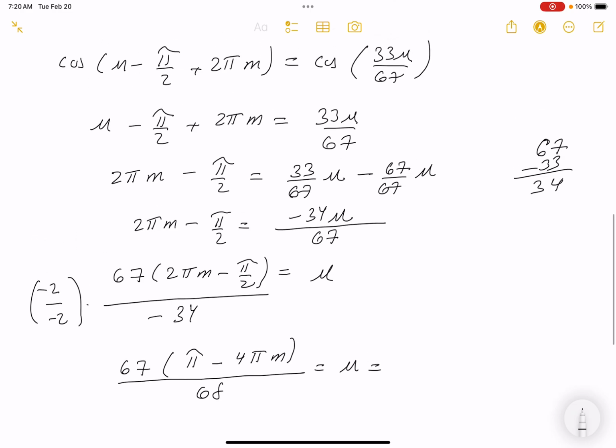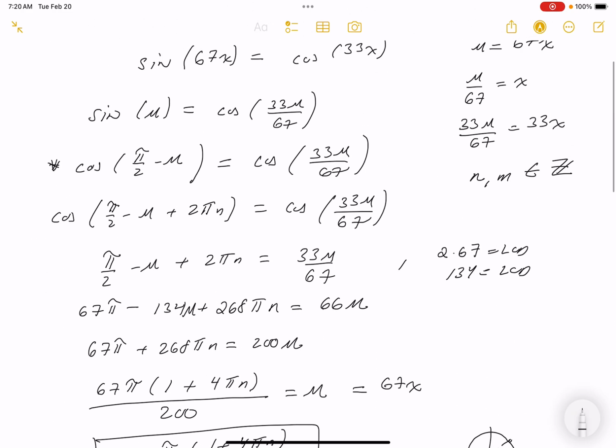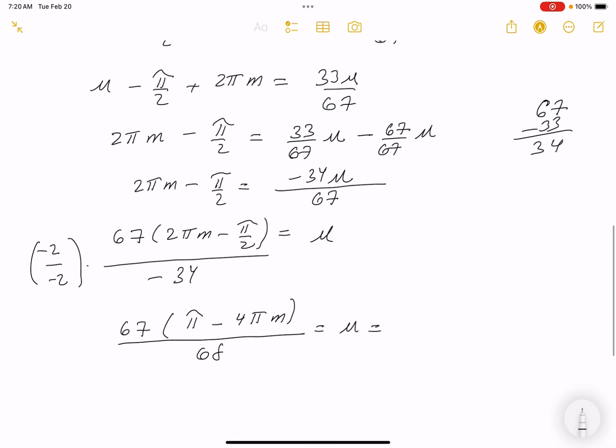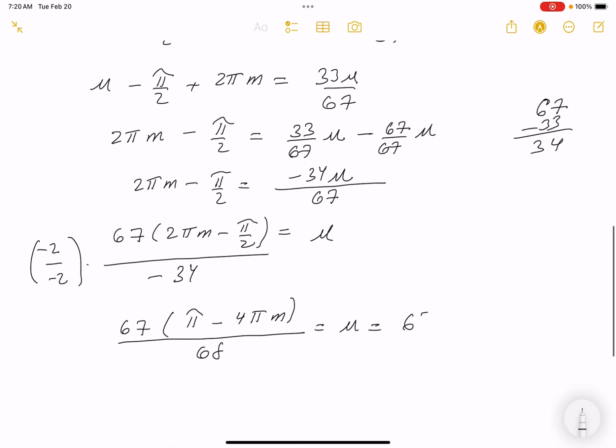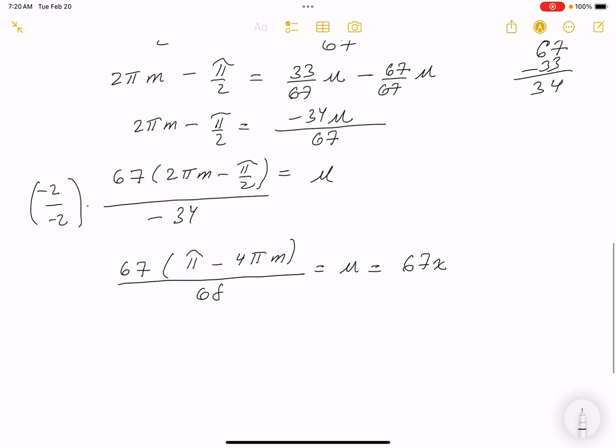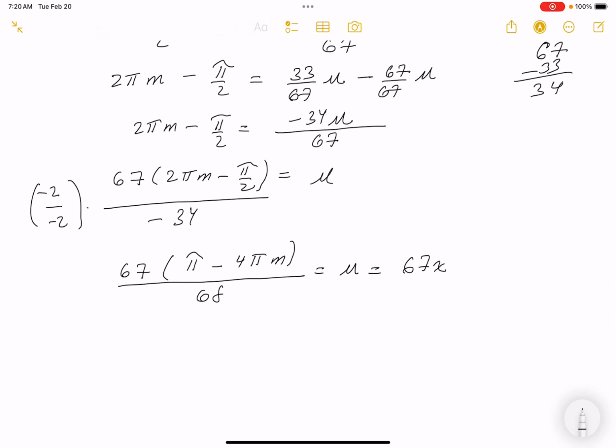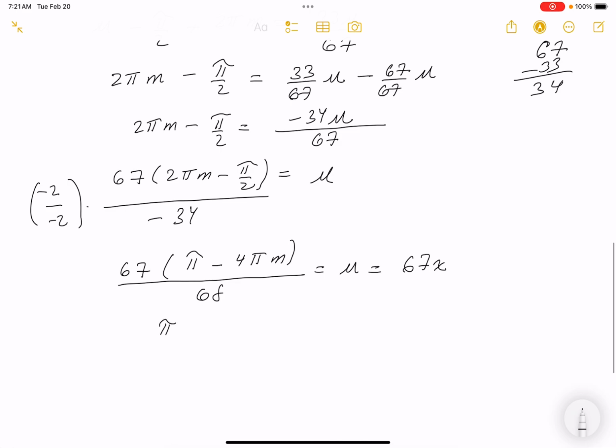And I got to remind myself what u is. We'll go back over here. And u is 67x. Put this over here. So what I'm going to do now is, let's see, I guess I got to divide, right? By 67. What do you get? Pi minus 4 pi m over 68 is equal to x.